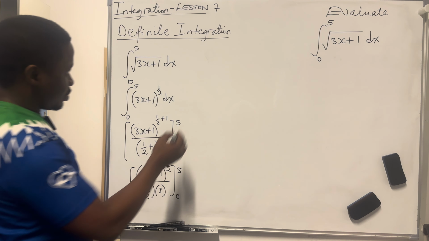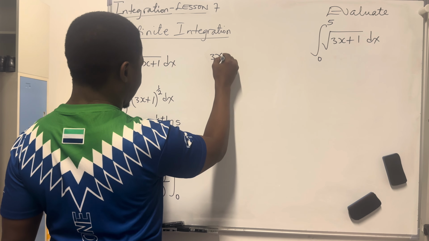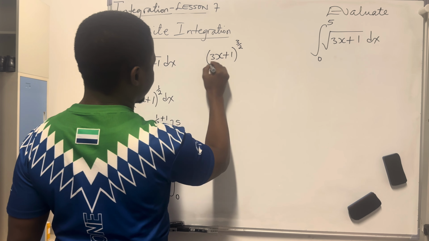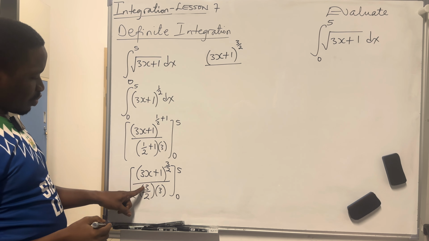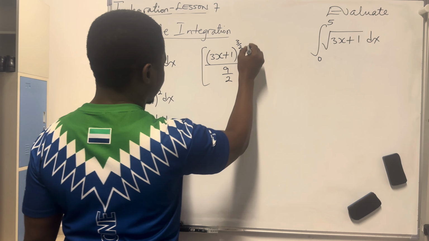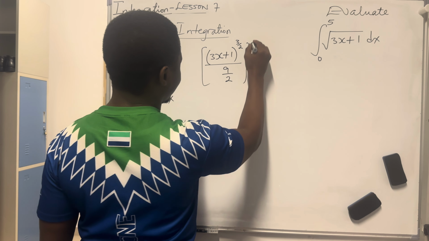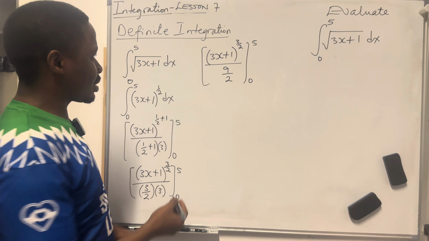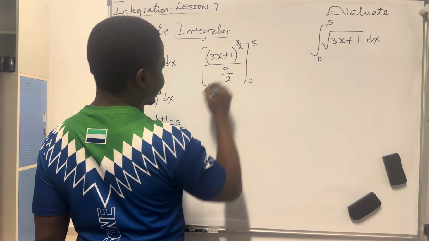Good. So we say 3x plus 1 to the power 3 upon 2 over 3 times 3, which is 9 upon 2, the limit from 0 to 5. Whenever you have double fractions, look at the main division line.